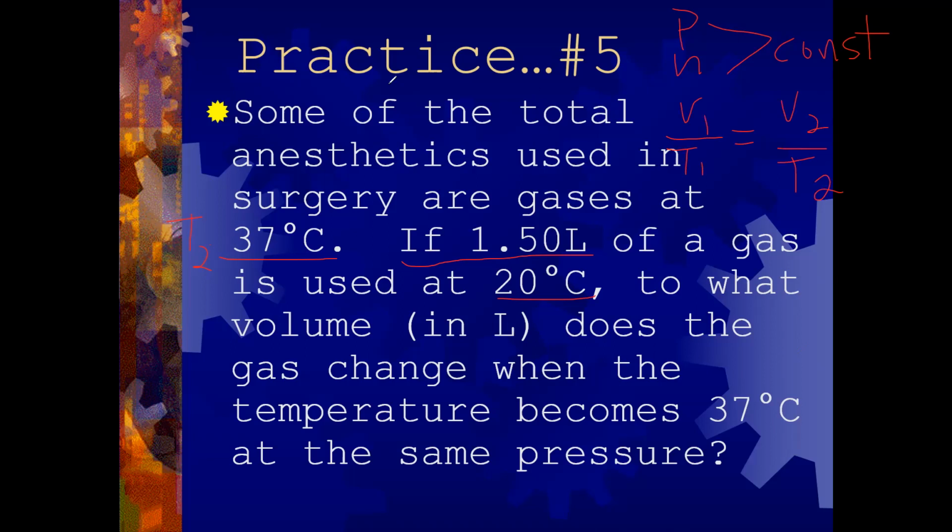I always find it easier to solve for something that's linear. So when I rewrite this, I write it like this: V1 times T2 is equal to V2 times T1. And that way you can solve for any of them much easier. And we want V2, obviously, right?